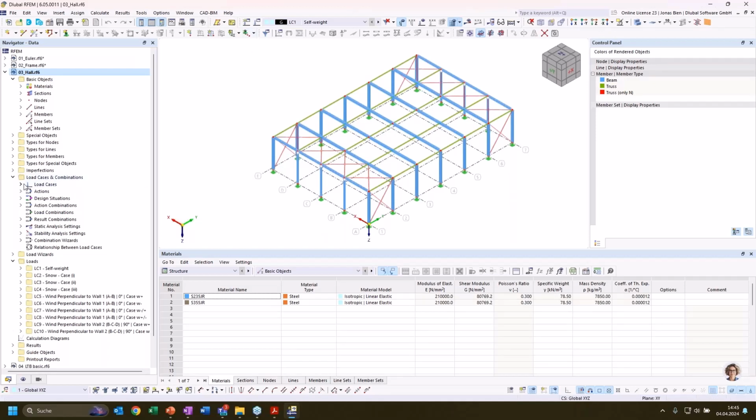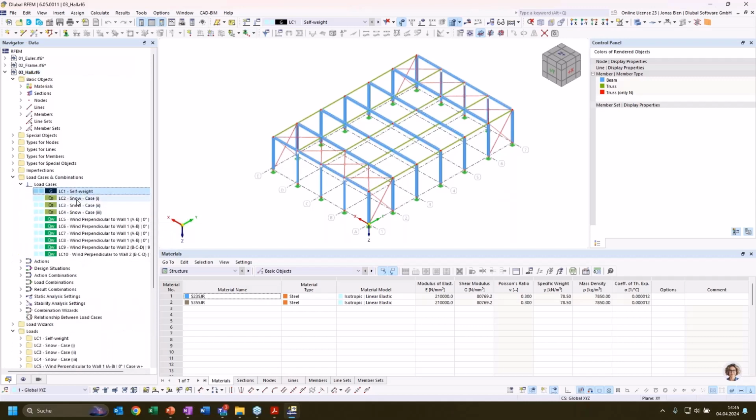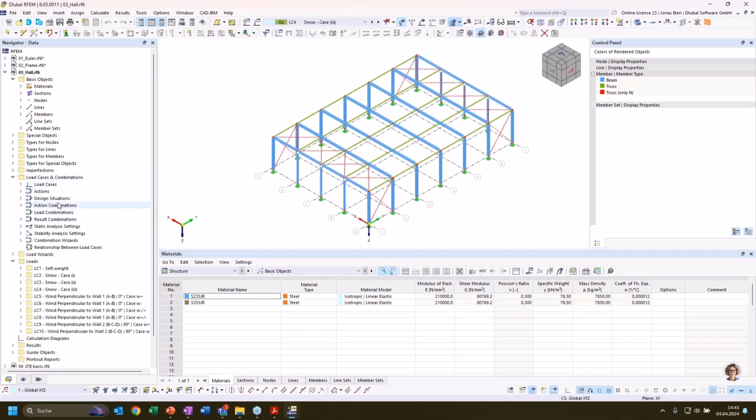We have a lot of different load cases here that of course would give us, I don't know, probably about 100 or 200 load combinations. Of course, in some applications, we can have a lot more load combinations. And then the first question for our buckling length determination is which load combination is most severe for buckling for a specific member.